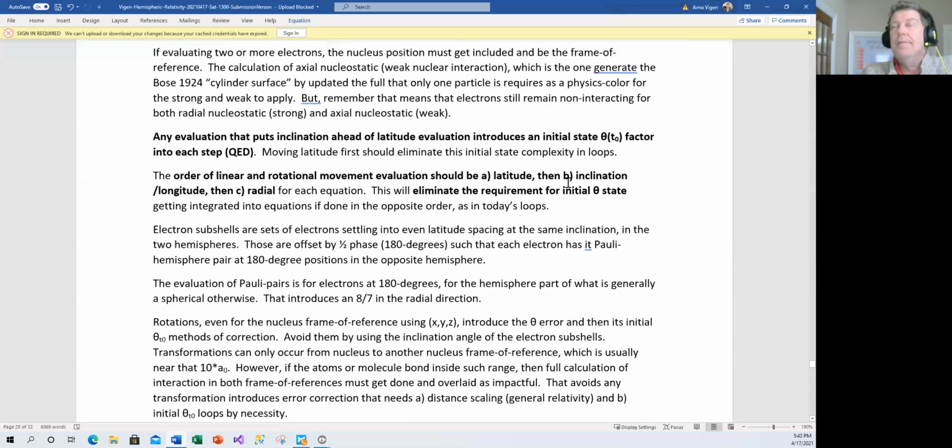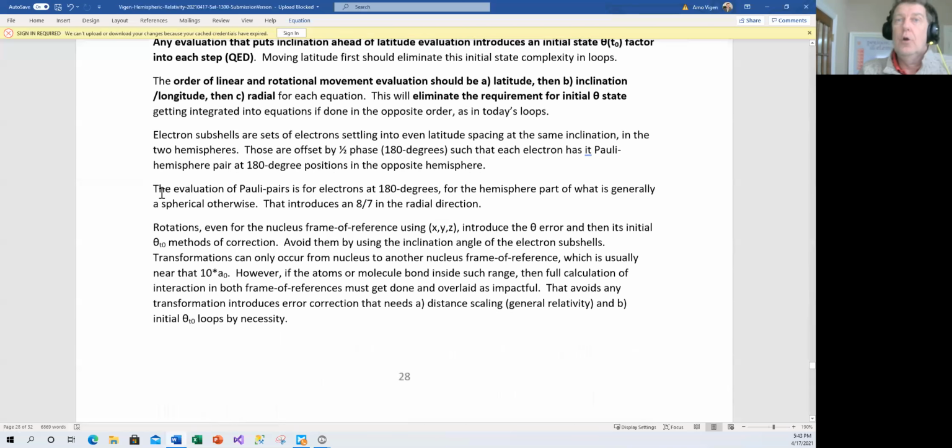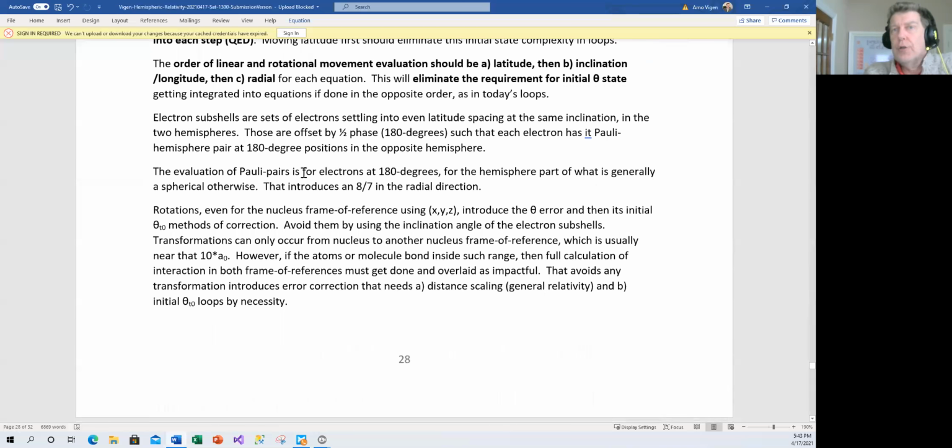You are not evaluating electrons alone in my version of computational chemistry. And radial is done finally, and the radial changes would then collinearly just change all of those without changing their signs. We can eliminate all these things. You also have to remember the Pauli pairs are 180 degrees, and that the power and the distance to do that.